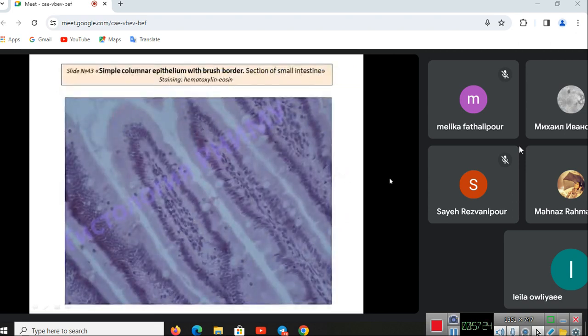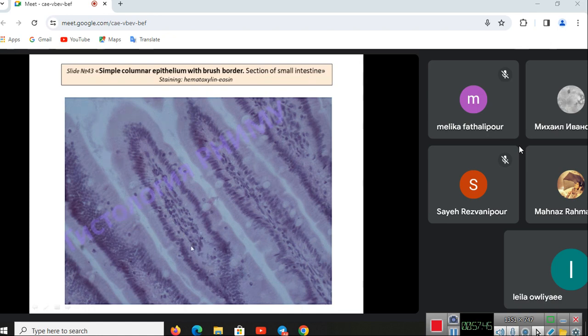So at high magnification, how does this epithelium look? First of all, where is the border of the epithelium? It should be here. So here is the location of the basement membrane of this tissue.